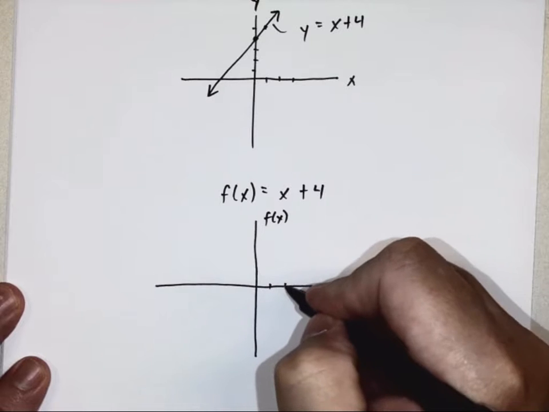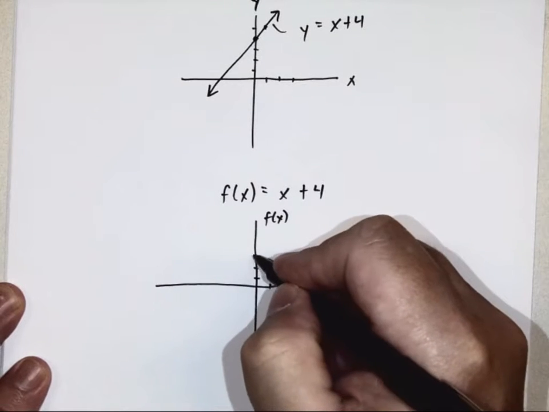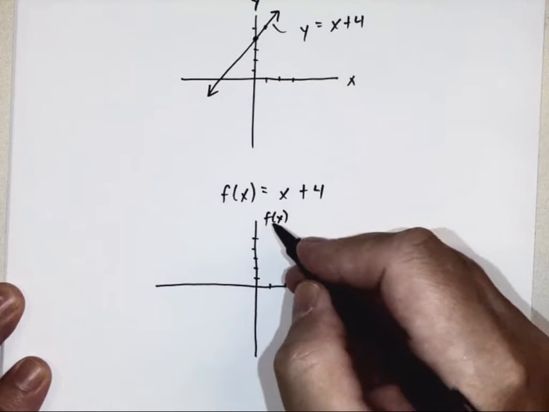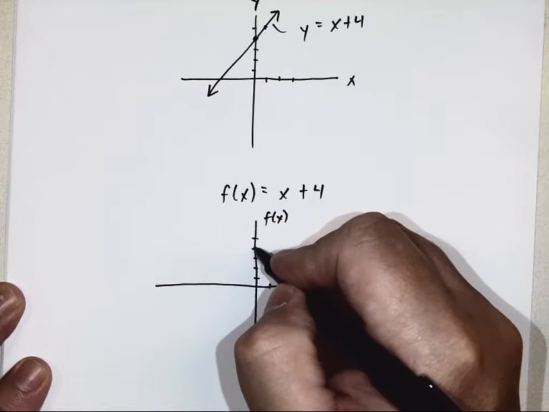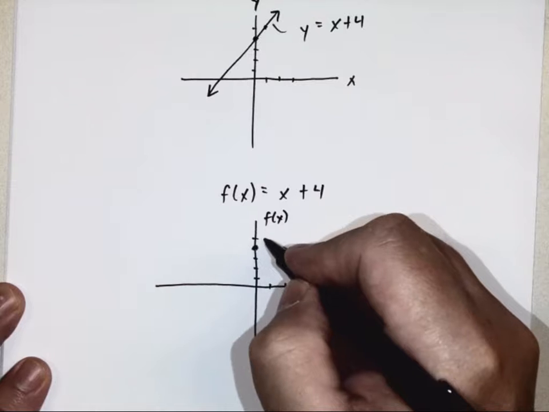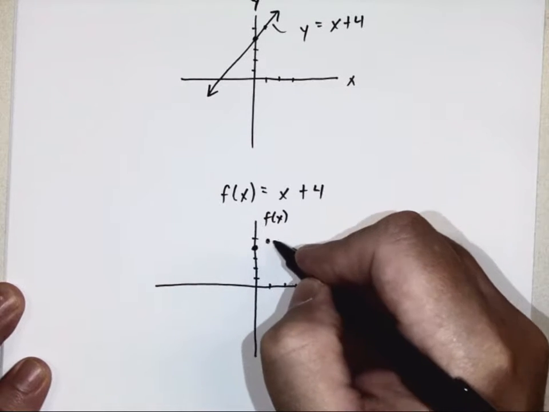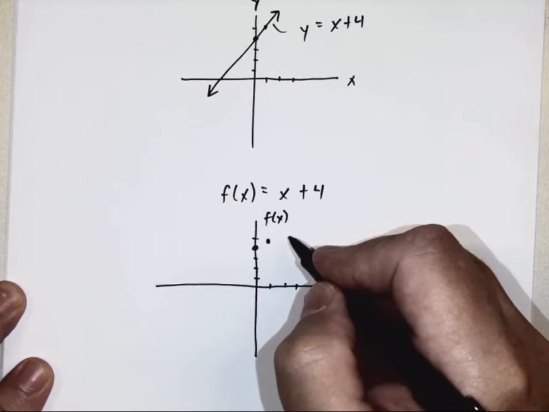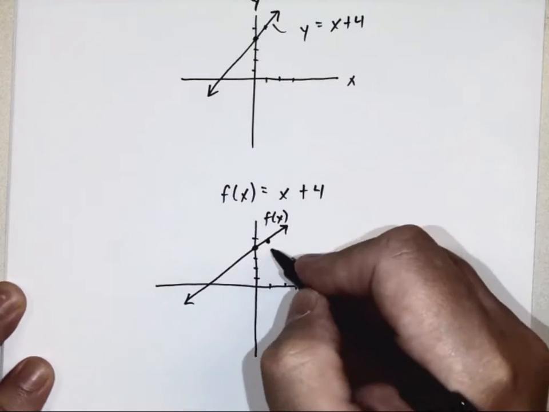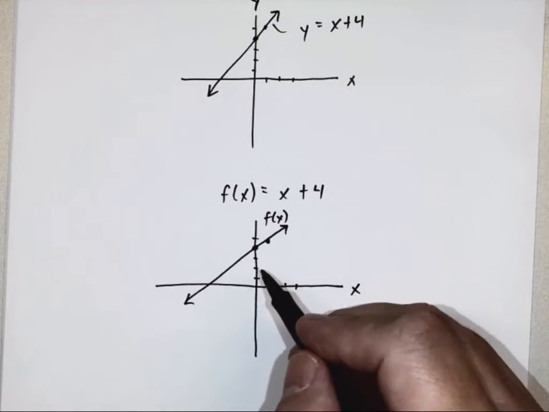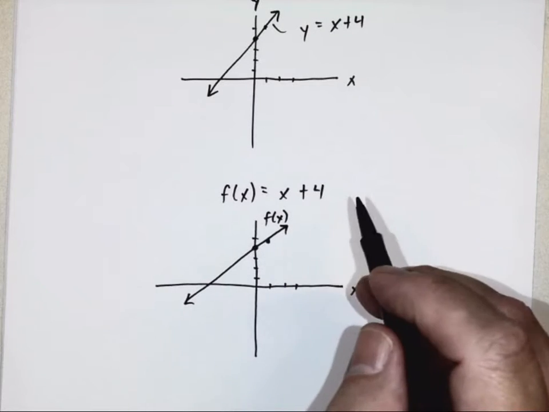And we do the same thing. We go up here, here's our y-intercept. We step off. And there's the graph. Now we say this is the graph of this function.